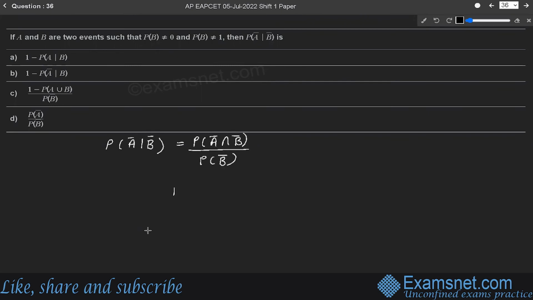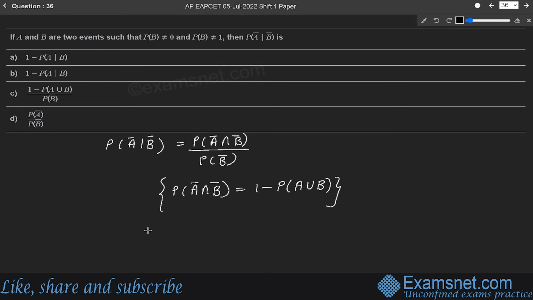And we also know that this is a law, which is P of A bar intersection B bar is equal to 1 minus P of A union B.